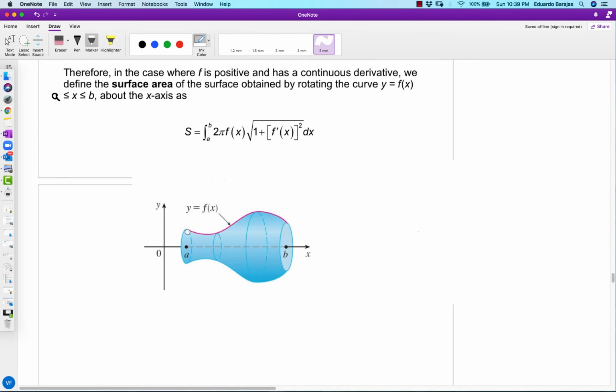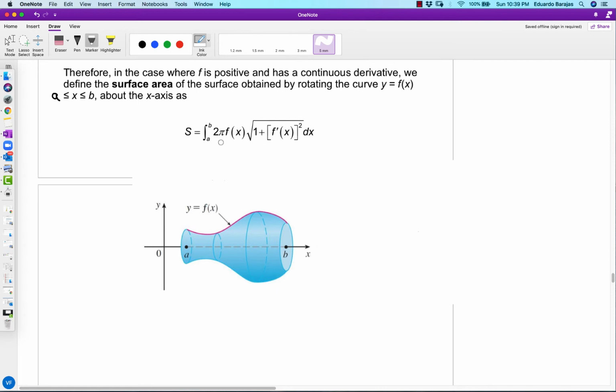So the length of just that red curvy thing was the integral of this, and then 2 pi is a constant, and then f of x. This almost looks like 2 pi r, where f of x is the r for any one of these circles. If you think of it as an infinite number of circles, this is like the circumference of a circle, and then this is like the length of this curve here.